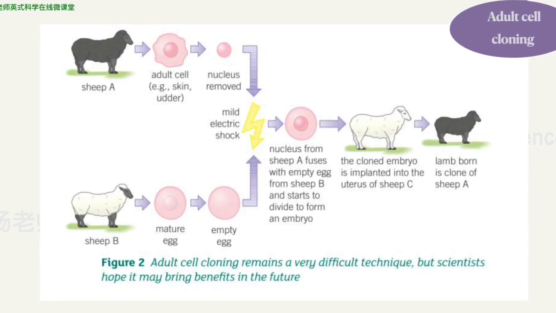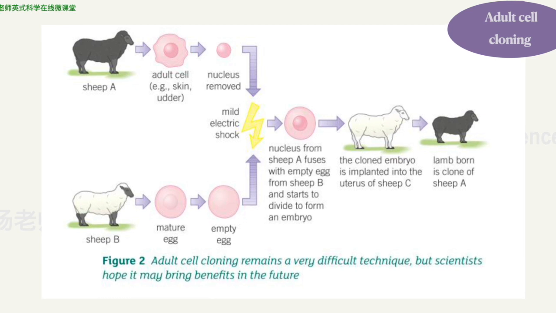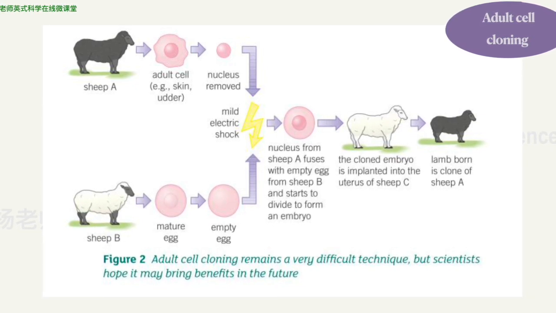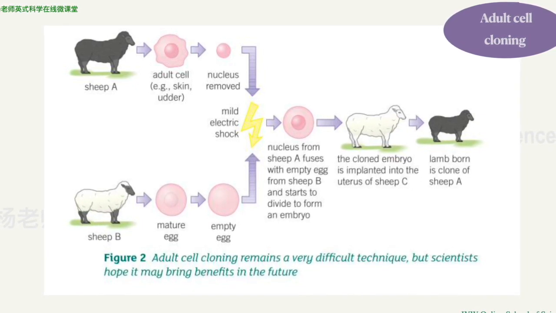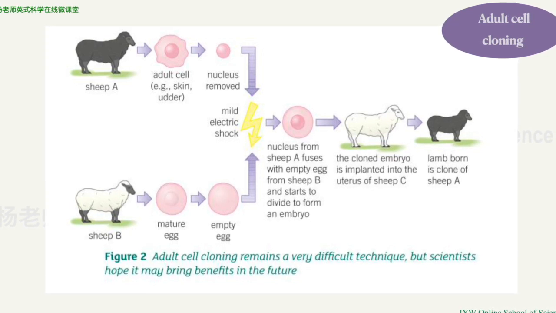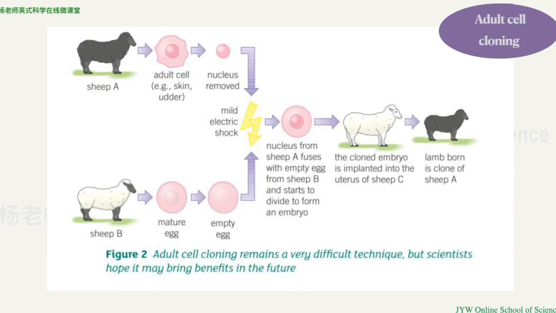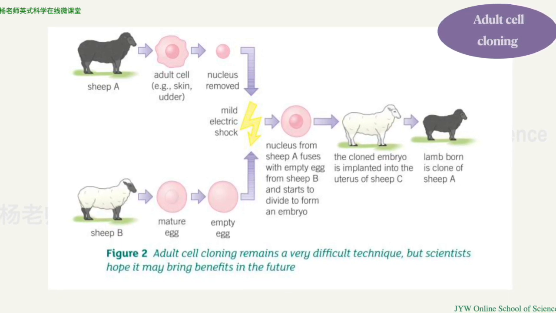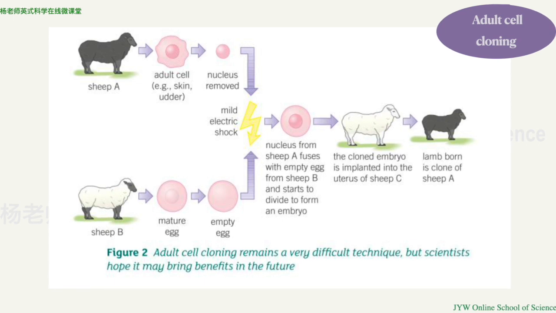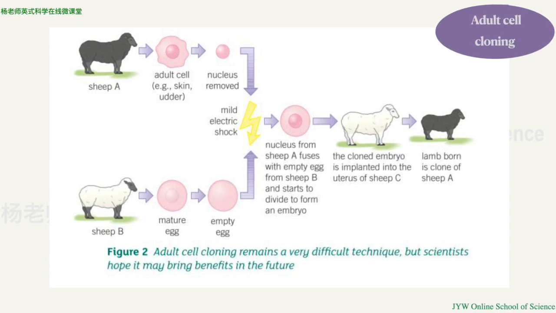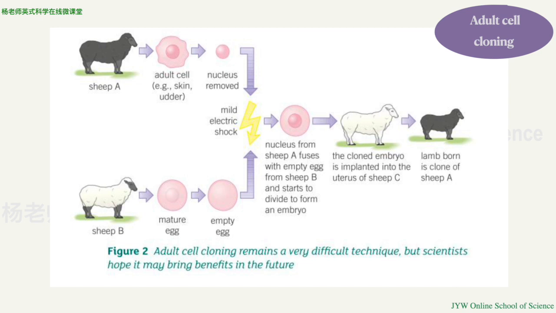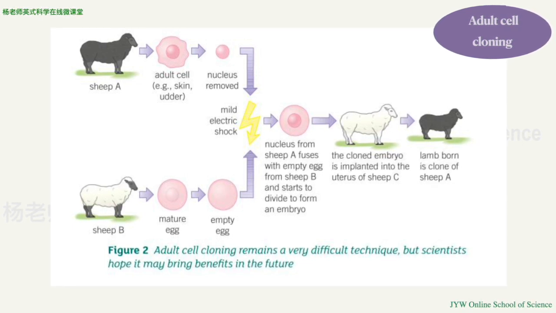So we're going to put this embryo into sheep C. Sheep C's uterus will be the host for the embryo to grow. Once sheep C carries this embryo, develops it into a young sheep and gives birth, this sheep is going to be a clone of sheep A, because this new baby contains the full genetic code of sheep A.